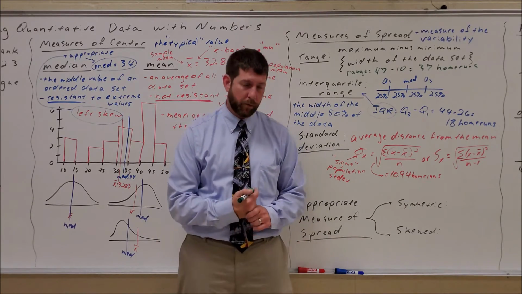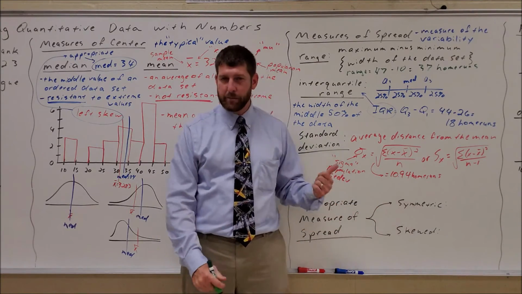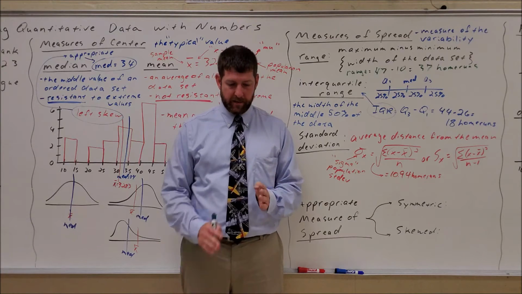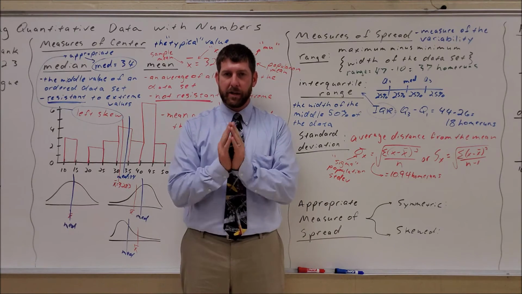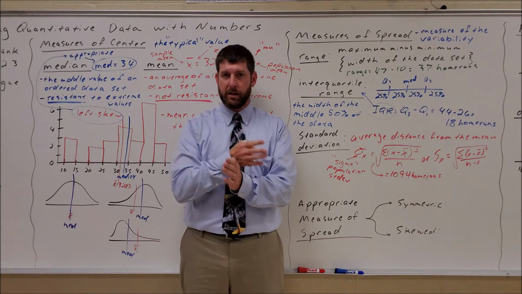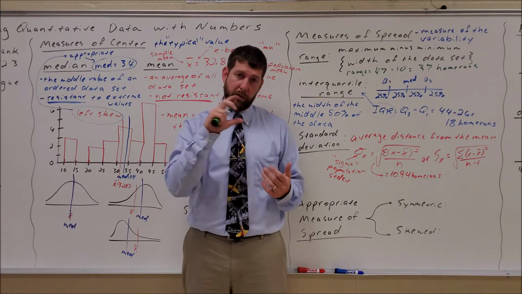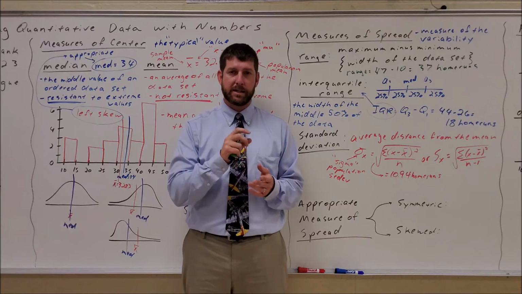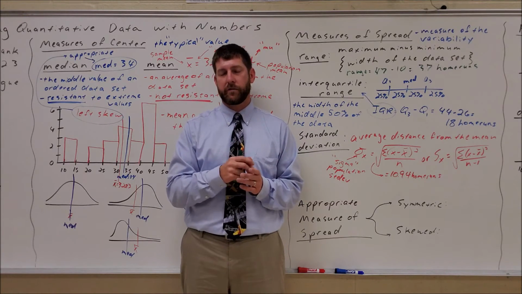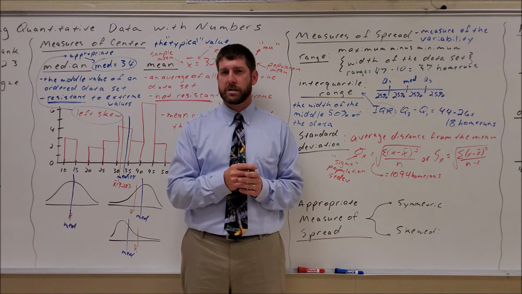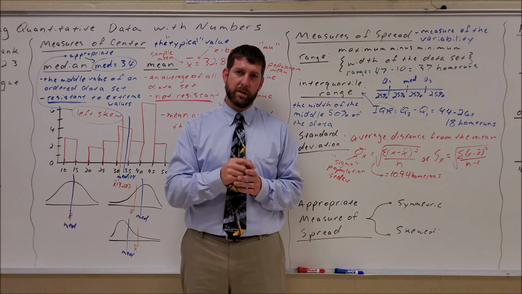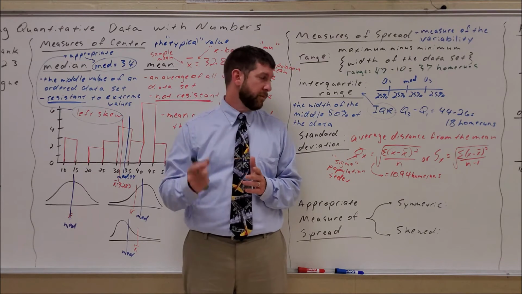So how do we interpret 10.94 home runs? Well, 10.9 home runs means that he typically varied from the mean by 11 home runs. So in any random season, his number of home runs for that season was typically 11 home runs off of the mean.